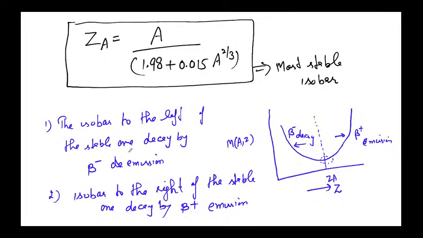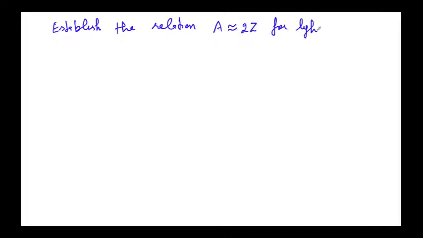So the first question is, establish the relation A is equal to 2 times Z for lighter nuclei using the semi-empirical mass formula.